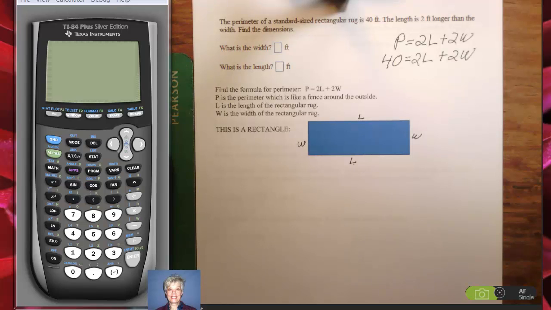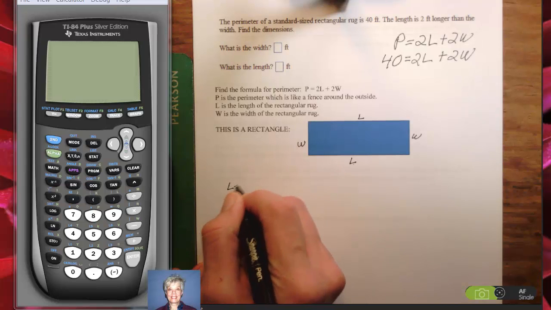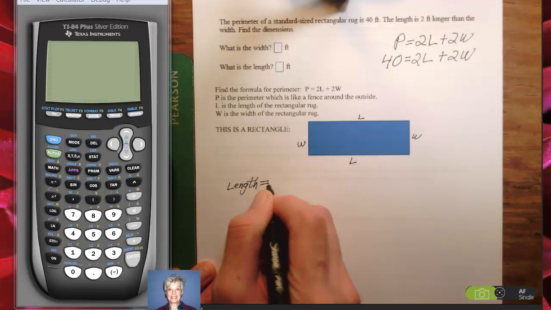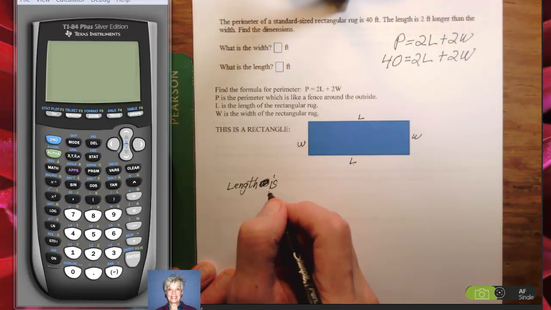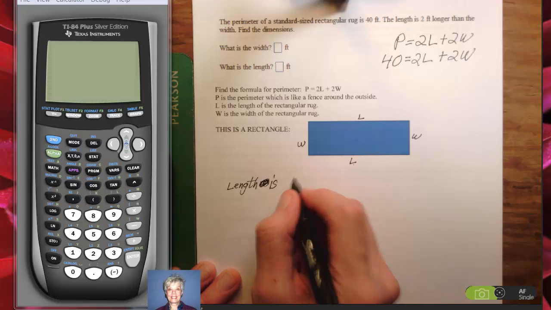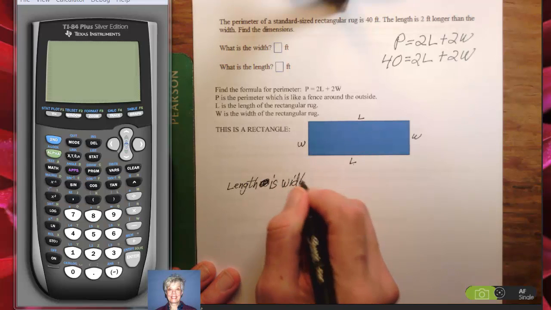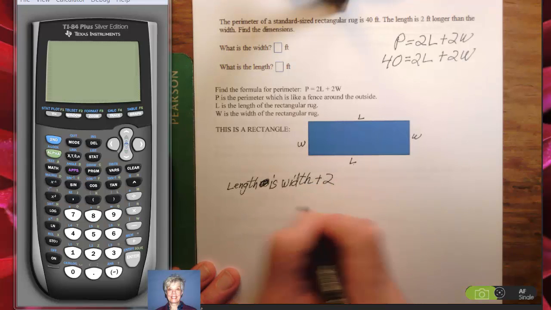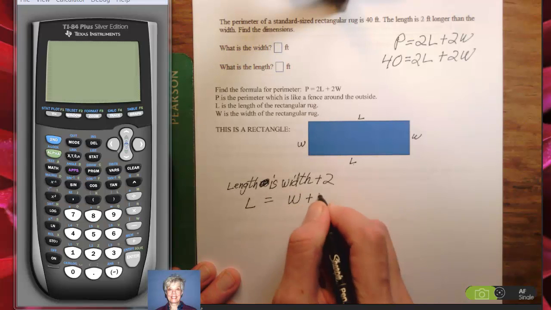We're told that the length, L, equals, I should have said is right here, 2 feet longer than the width. So it's the width plus an additional 2 feet. All right, so L equals W plus 2.